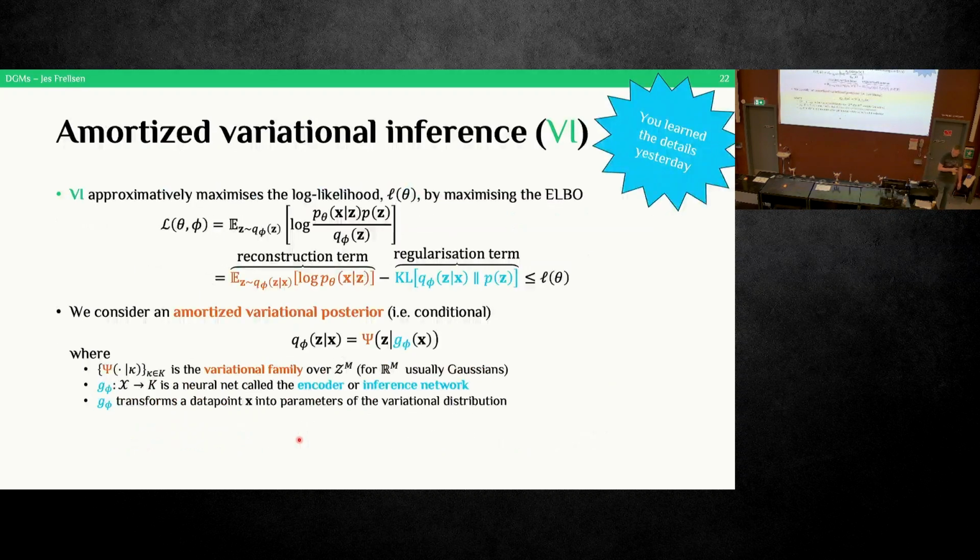So what we use is, and you already learned about this, so I don't need to go through it in detail, because you already learned about variational inference, and last afternoon you also talked about amortized variational inference.